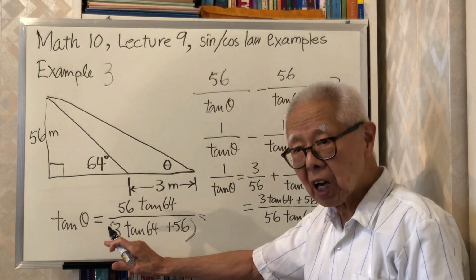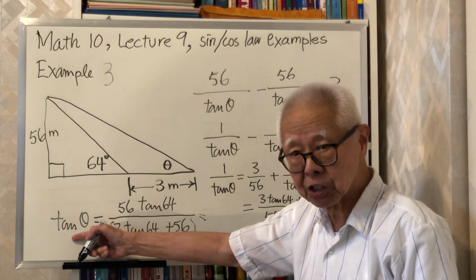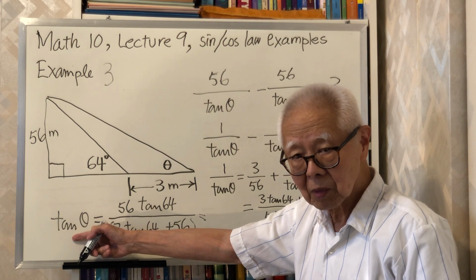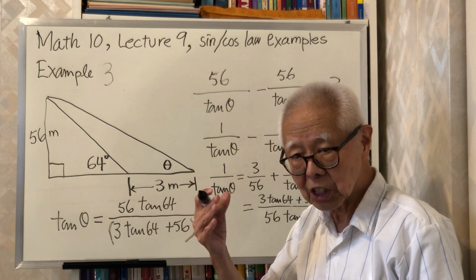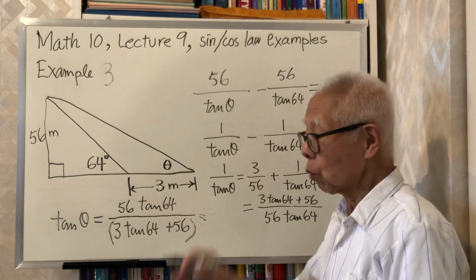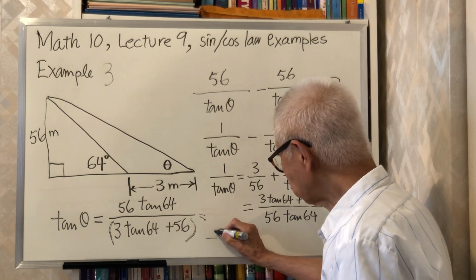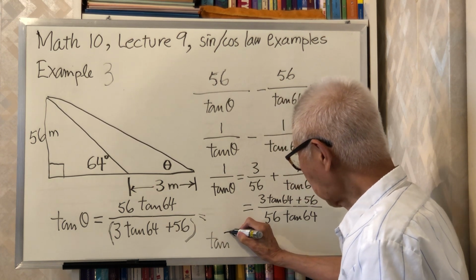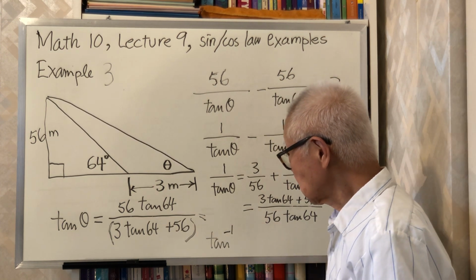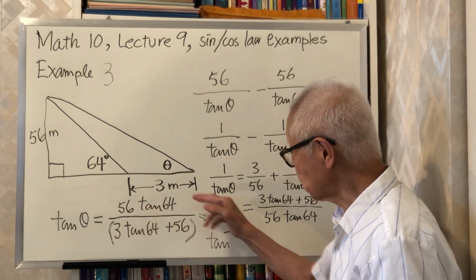How do you find theta? You use a calculator. Theta is arctangent. Usually the calculator says second function tangent. When you press second function tangent, you get this label. Arctangent. Arctangent what? Arctangent the value of this.